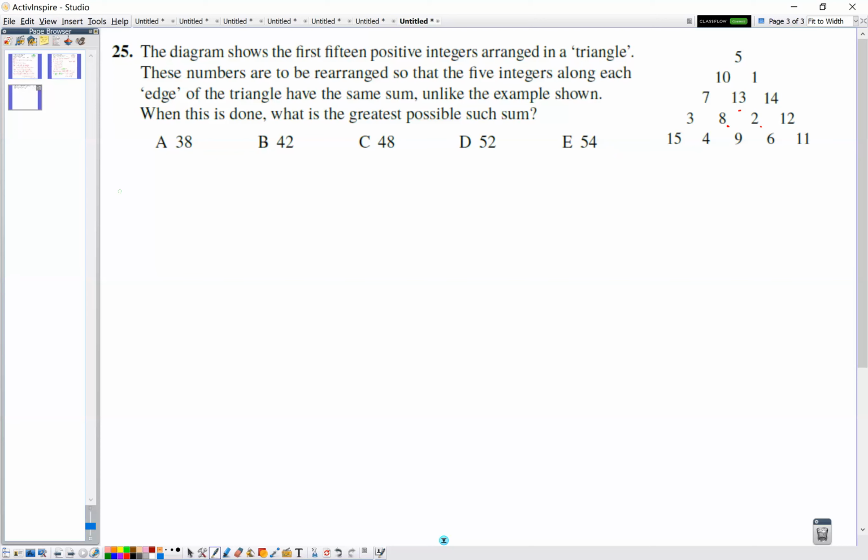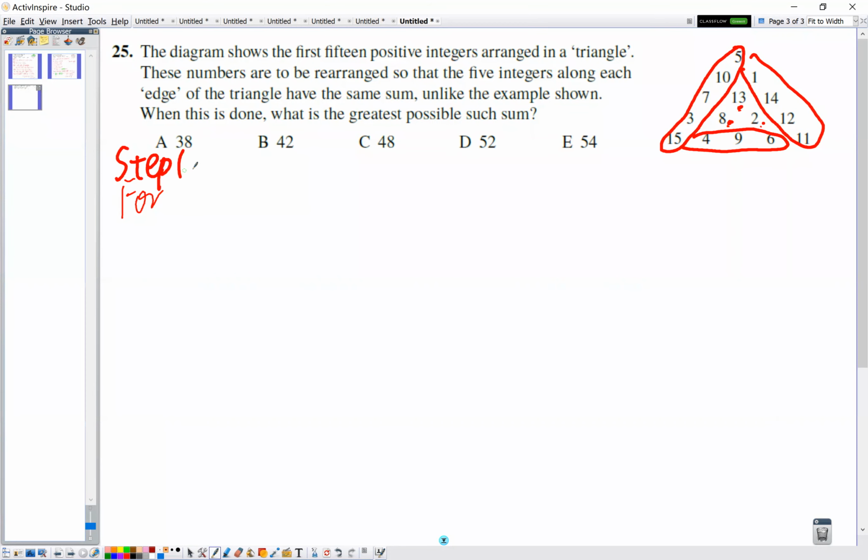So for the sum, look, the question says every single side has to be as big as possible. So the 3 numbers inside have to be as small as possible. In that case, all the other bigger numbers you can put onto the sides. So for the center, we pick the smallest numbers. So this is the first step.